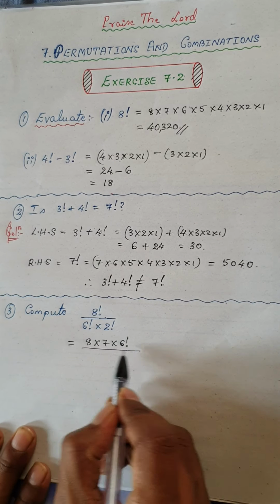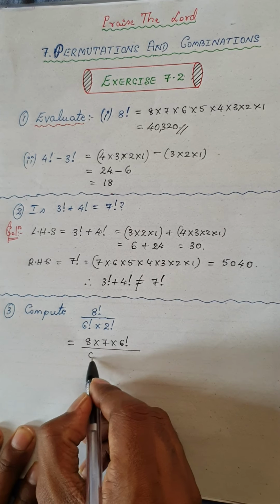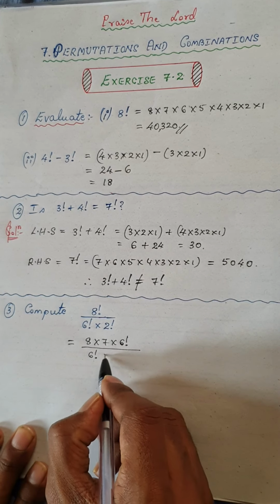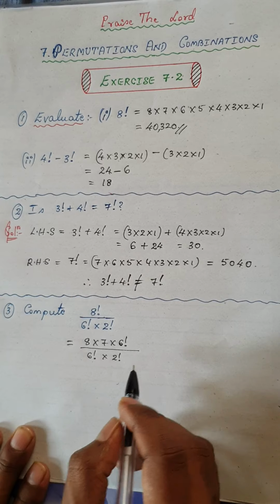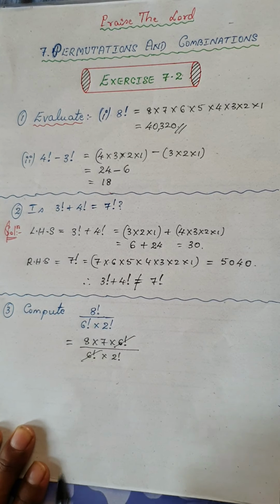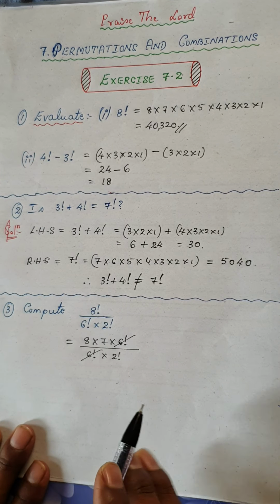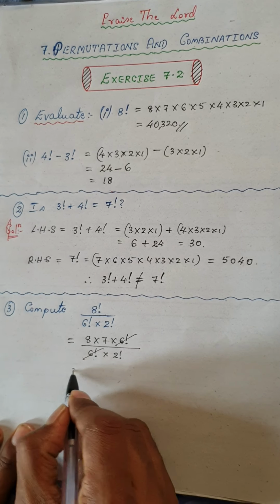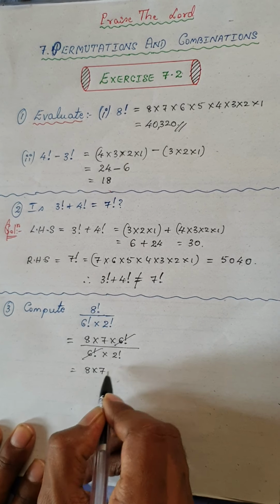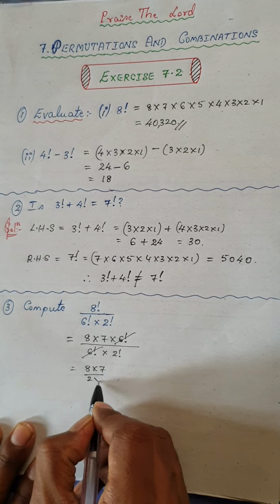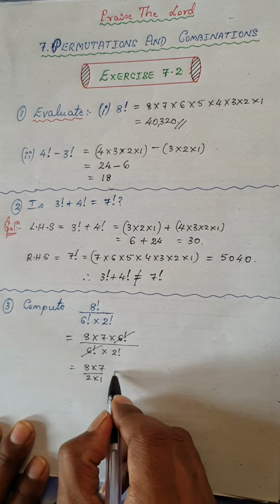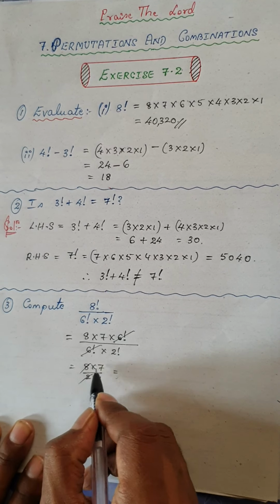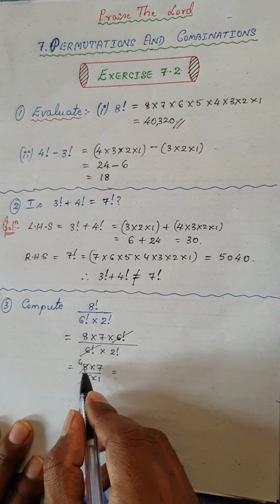We know we can use such kind of simplifications. I'll keep this 6 factorial as it is, and 2 factorial. So 6 factorial I can cancel. That is why I kept it as it is. So you just have 8 into 7 divided by 2 factorial, which is actually 2 into 1, or simply 2. If you want, you can cancel here itself. You have 2 4s are 8.